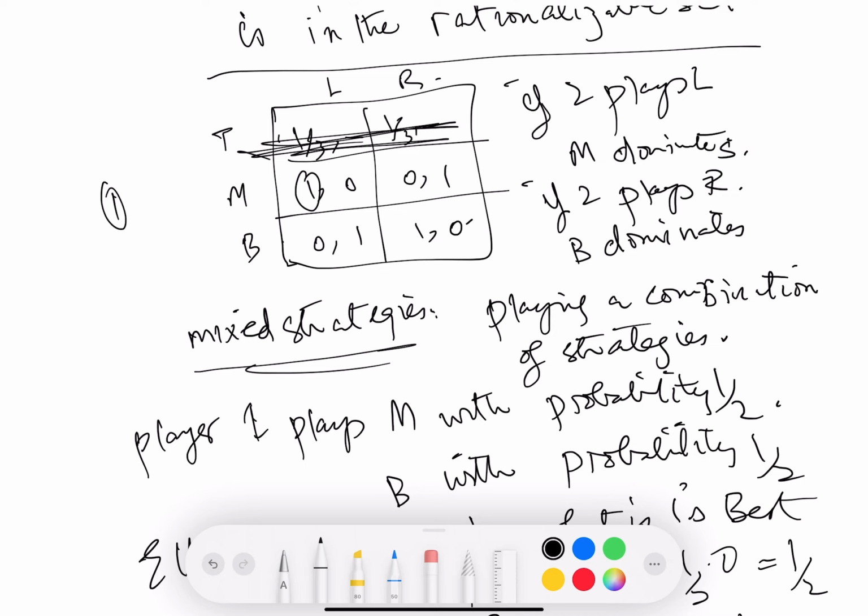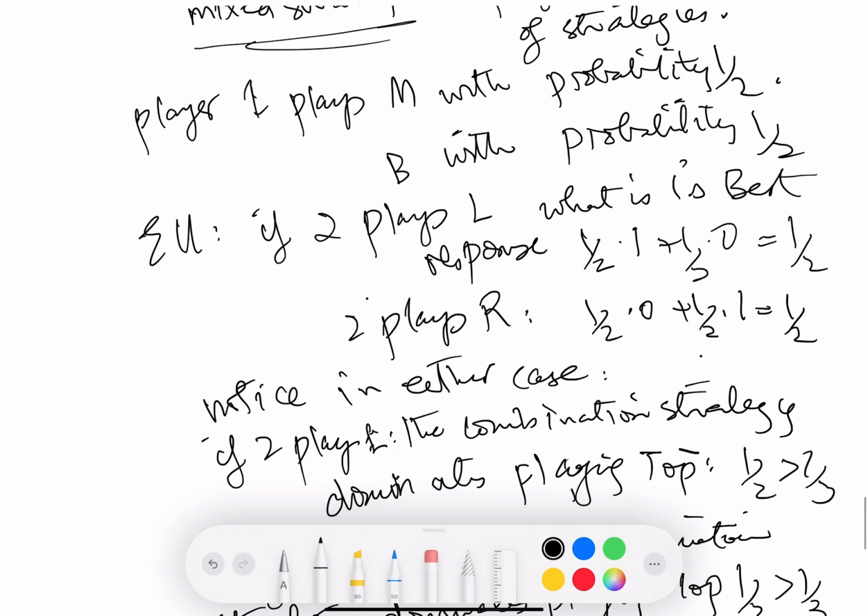So there is no state of the world, and that's my beliefs. Remember, beliefs are probabilities about the state of the world. There are no beliefs that I can hold about the state of the world, i.e. what player 2 would do, under which I as player 1 will ever play top. So I can rule it out. So that is strictly dominated. 1/2 is greater than 1/3 in expectation.